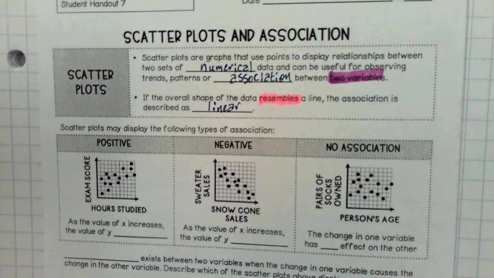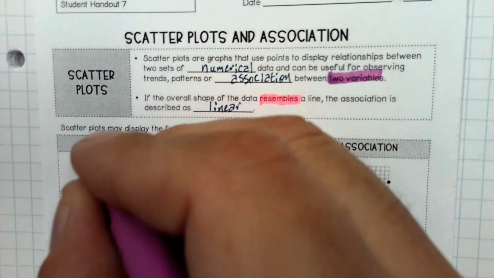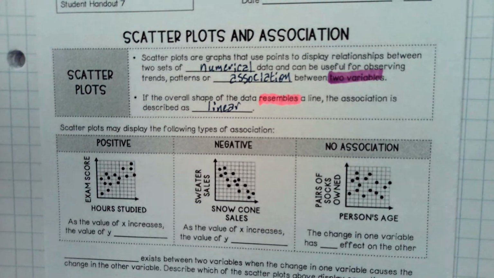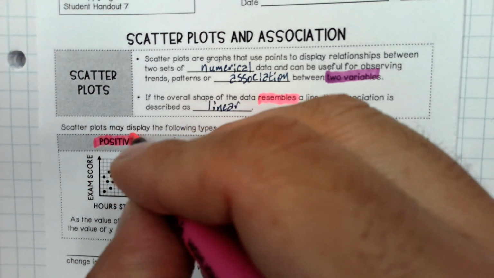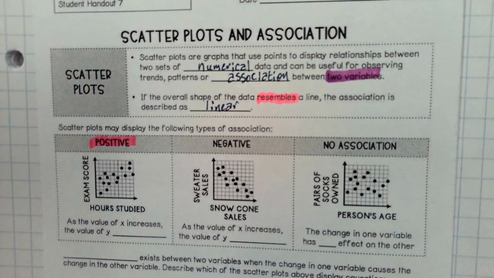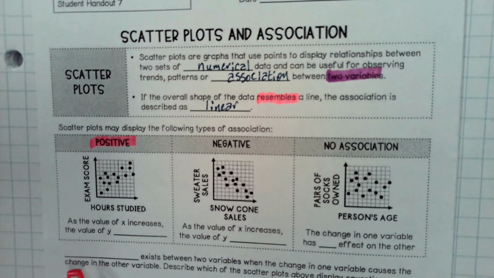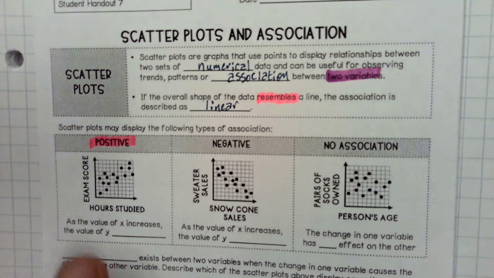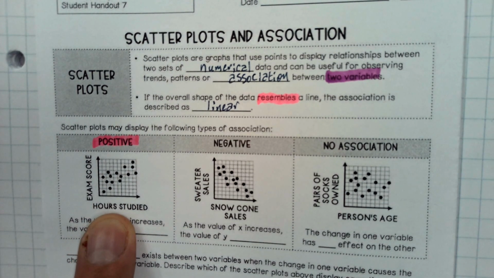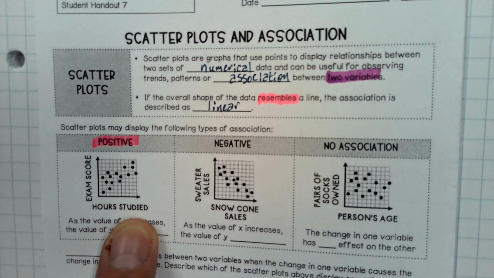And this is called a positive association. This is positive. And the reason it's positive is as the values of x increase, we go further along the x-axis.